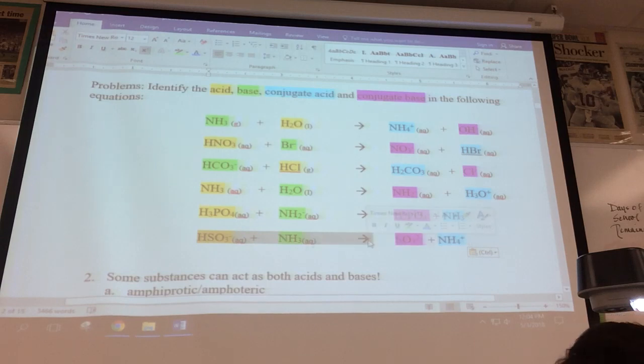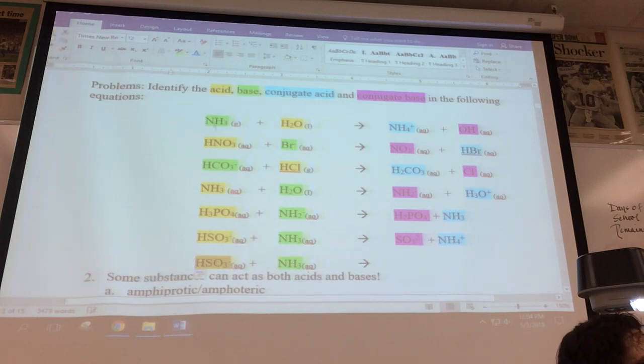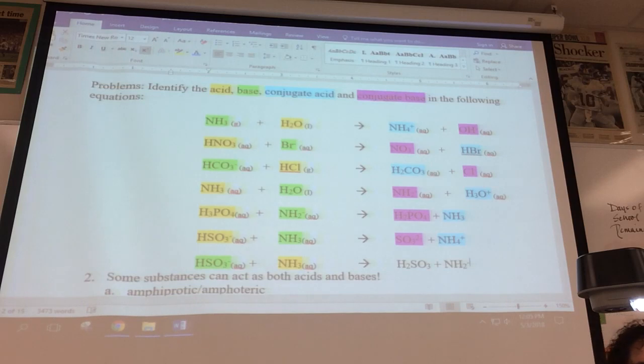However, if you thought of the equation the other way, where this is the base and this is the acid, then you could have this accepting to form H2SO3, and what would your other substance be? NH2 with a 1 minus. So sometimes there's more than one answer there.